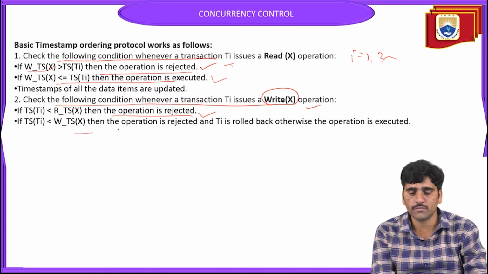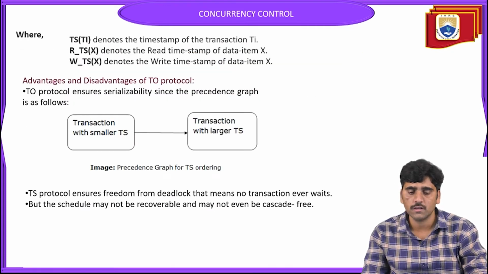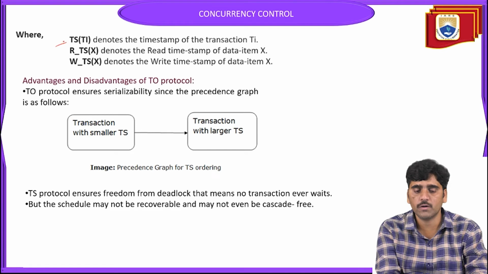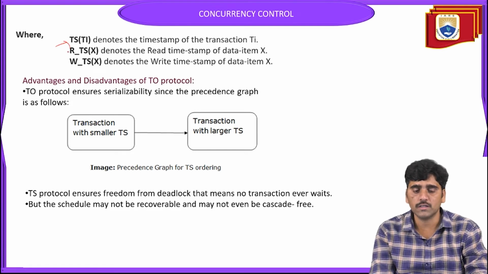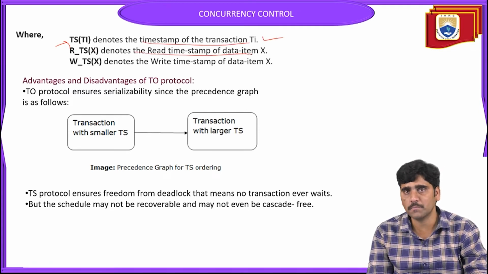Similarly, the write operation is also rejected. These are the timestamp ordering protocol conditions used for the transactions to be executed. In the above diagram, TS(Ti) denotes the timestamp of the transaction, R-TS(x) denotes the read timestamp, and W-TS(x) denotes the write timestamp.